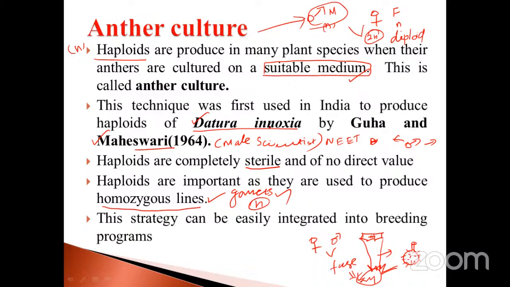The Indian scientists Guha and Maheshwari. Third point, Maheshwari is a male scientist. Which year? 1964. Completely sterile conditions. When you culture the anther, you will get a homozygous line only. What is the meaning of homozygous? Only one type of gametes, we will get. That is very, very important.